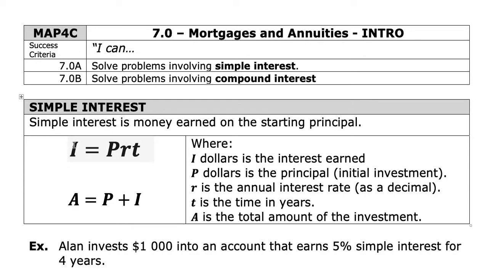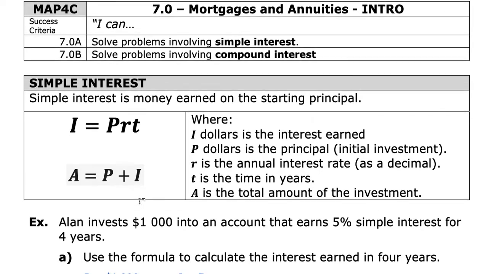This can calculate the total interest earned throughout the investment, and in order to find out how much is in the account altogether, we add our principal plus our interest. So the total amount of money is made up of the money that was borrowed or deposited, the principal, and the interest that's occurred from being deposited for that duration of time.